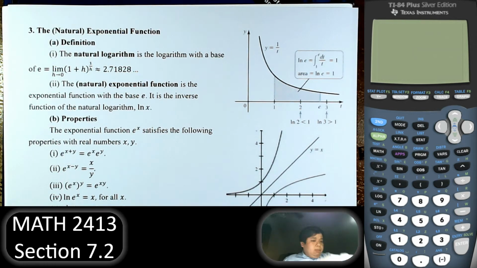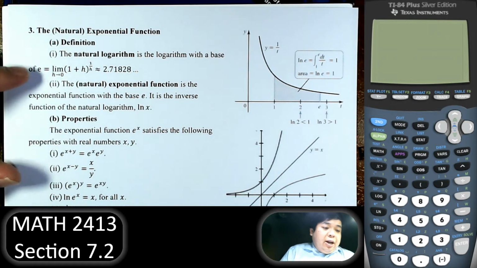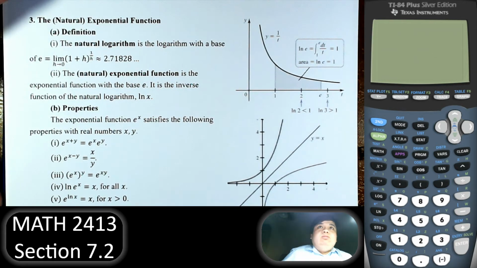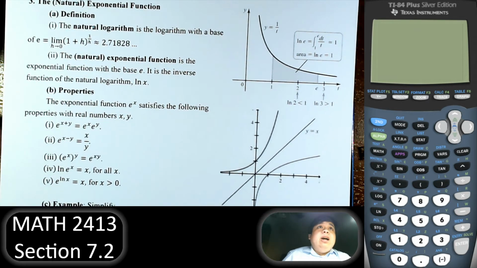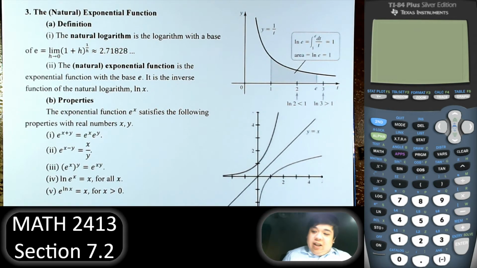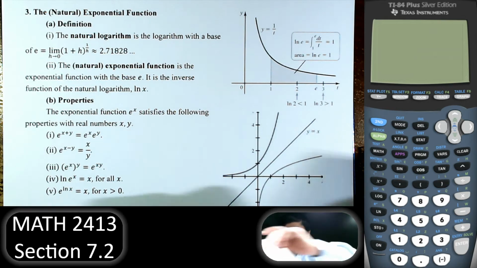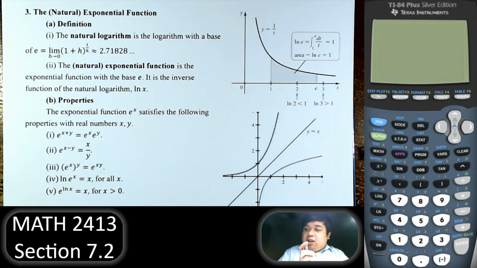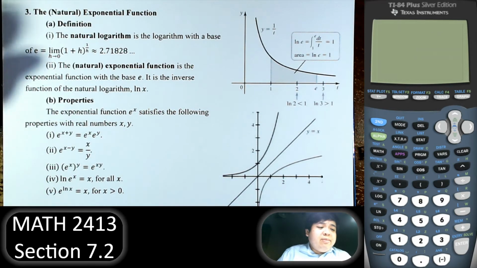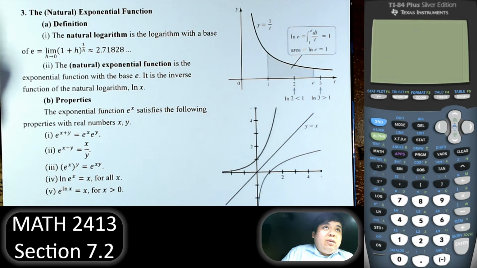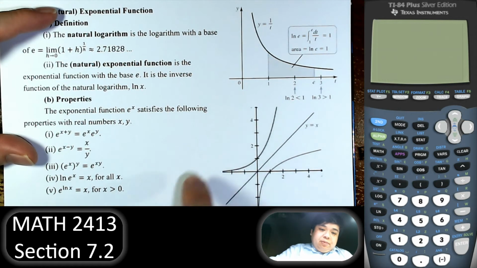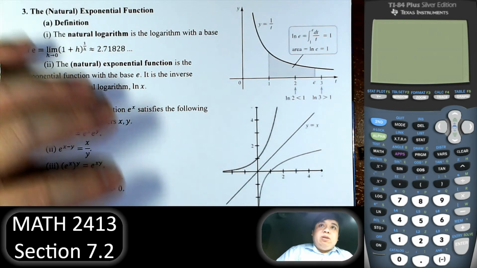Now we define e, the natural base. Of course, that is the second most common constant, the first one being pi, 3.14 something. e is that. And we define the exponential function.